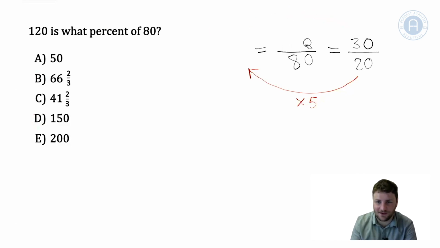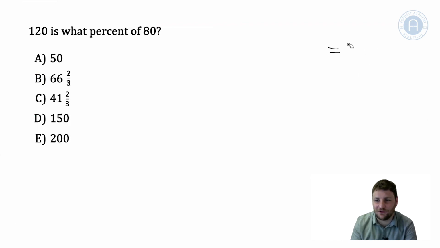Now we'll look at the breaking down method. For me, I don't think when we're trying to work out a percentage, when we're trying to work out the actual percentage difference rather than the original and end amount, I don't think the breaking down method is the most useful, but we can still look at a way to do it. So we know our original amount is 80, so that 80 is equal to 100%.